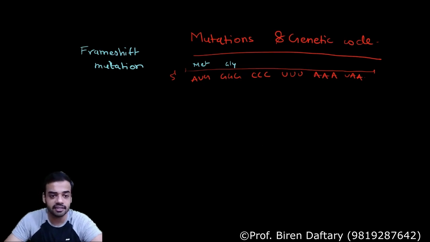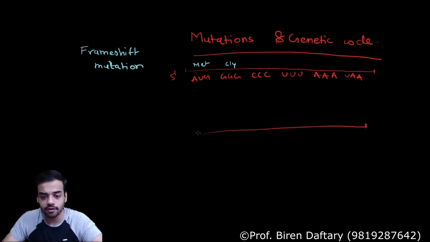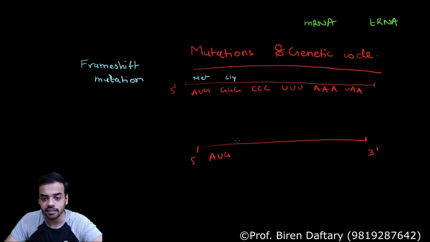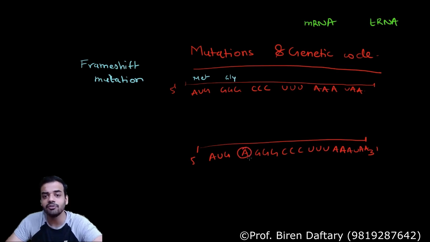Let us take the example. Okay, so again 5 prime, 3 prime. Now if I say AUG, correct? Now suppose if I add A and then I write GGG, CCC, UUU, AAA and UAA. Now I have added only this one single nucleotide.